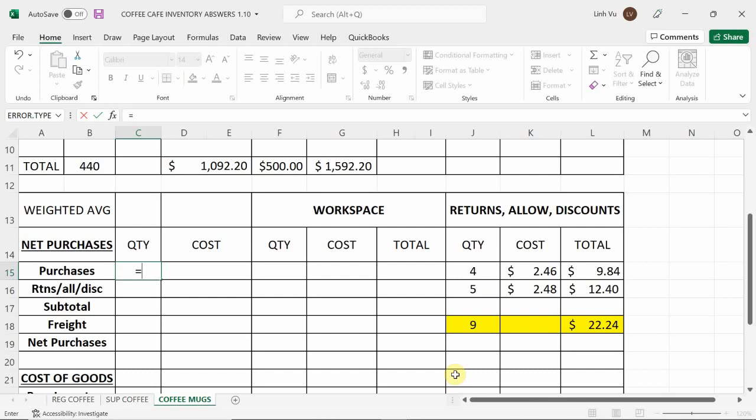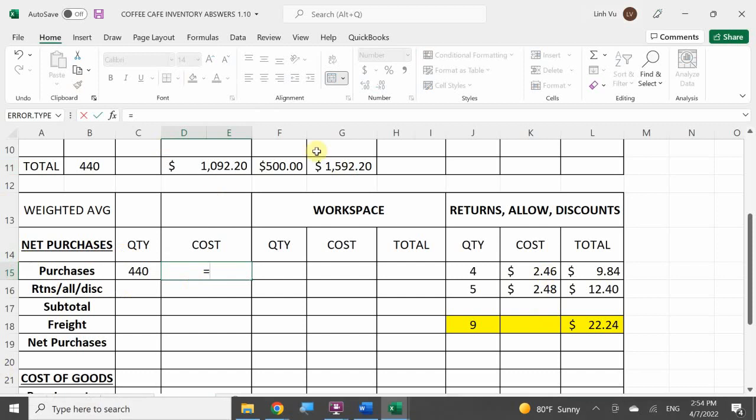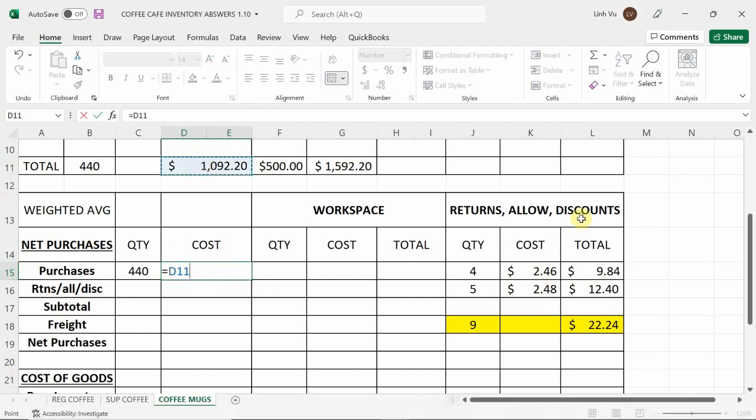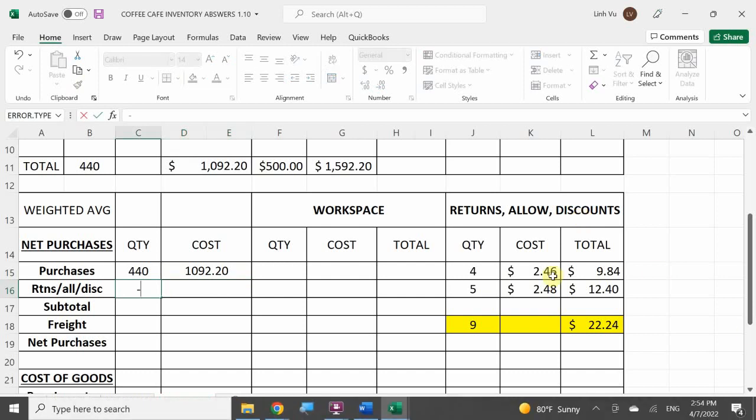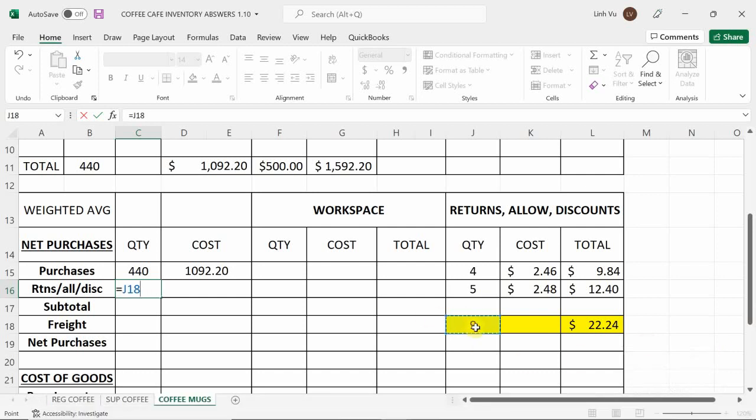So in this case, let's go ahead and plug in our numbers. What was our original purchase? We purchased a total of 440 units at a total purchase price of $1092.20. We end up returning 9 items, which gave us back a refund of $22.24. So what is my adjusted subtotal now?